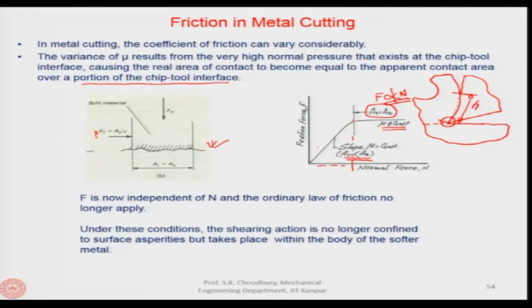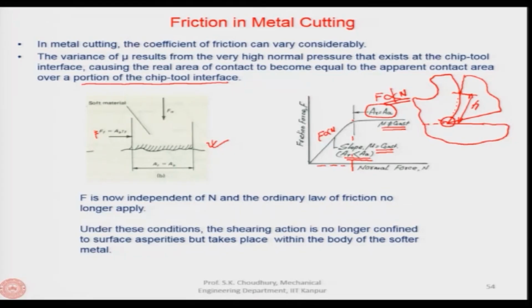Here, up to this point, F is proportional to N, therefore mu remains constant. Beyond this point, the normal pressure is very high, so mu does not remain constant and the curve goes like that.